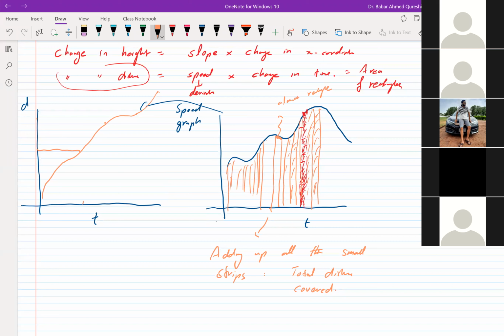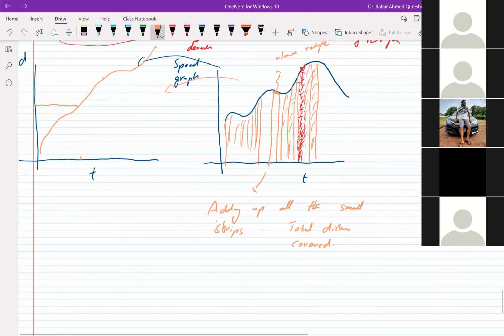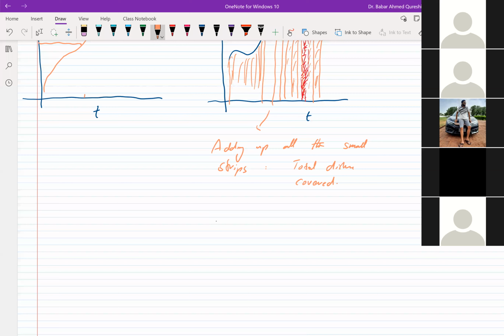So this problem can be solved by computing the areas of certain strips. But notice that I have to make strips really small and add them up.